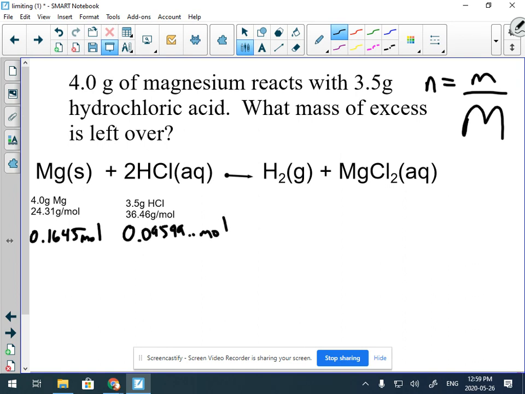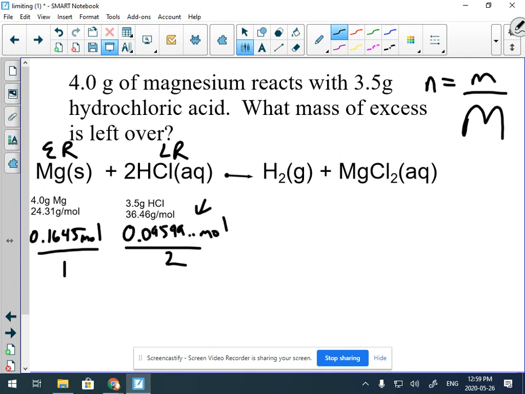Now, I hope we can all agree that if I took this and divided it by 2, and I took this and divided by 1, this will be my limiting reagent. I will have a smaller number of moles. Okay. So that means that's the limiting, and once you find the limiting, you know the excess.